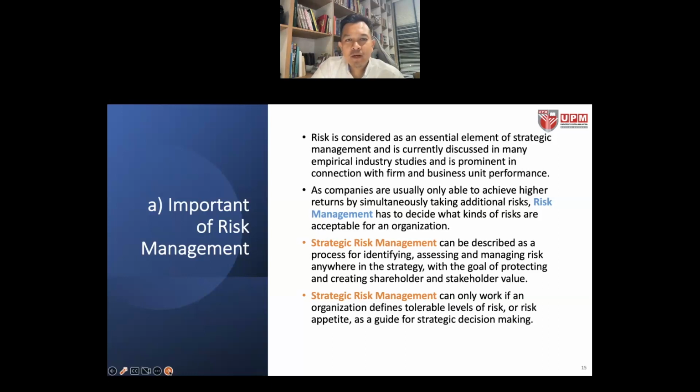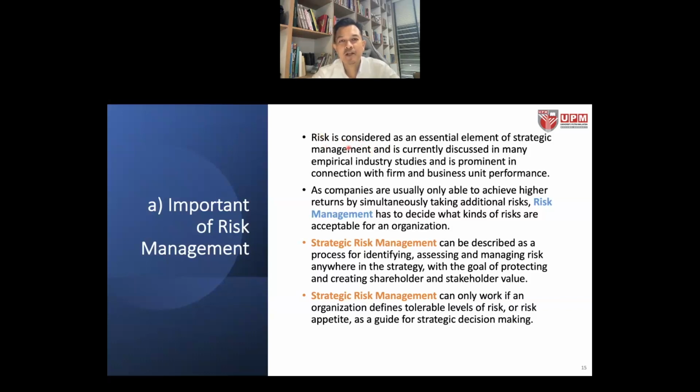Importance of risk management. Okay, risk is considered as an essential element of strategic management. So if you come into any aerospace industry, name it, whether it is a manufacturing aerospace company, an MRO aviation company, or an engineering design aviation company, you will see risk being put into the agenda.